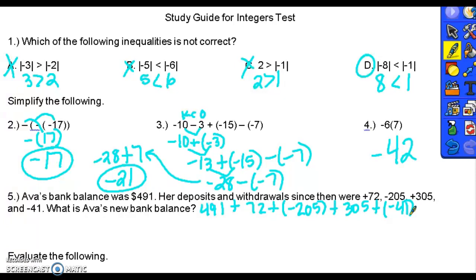491 plus 72. My signs are the same, so I add them. 1 plus 2 is 3. 9 plus 7 is 16. 4 plus 1 is 5. Bring everything else down.